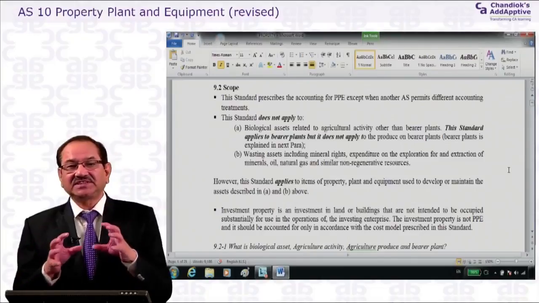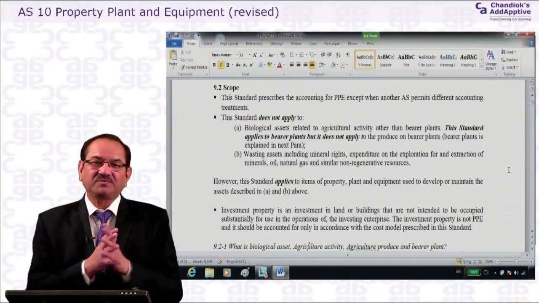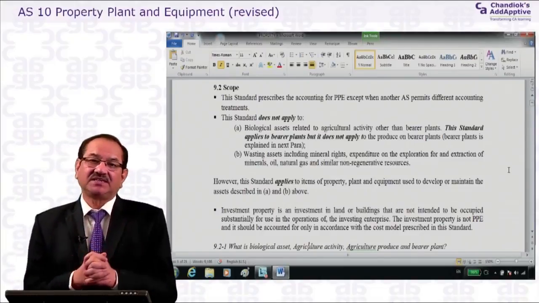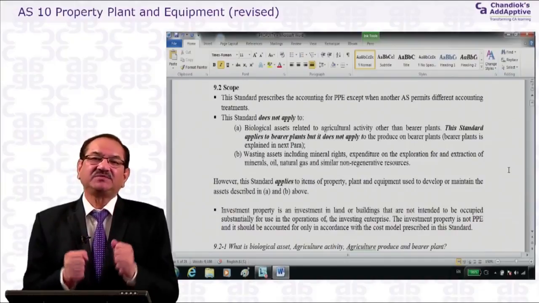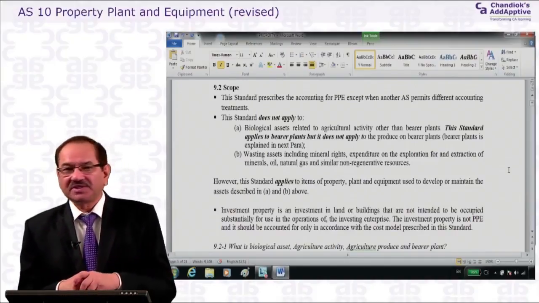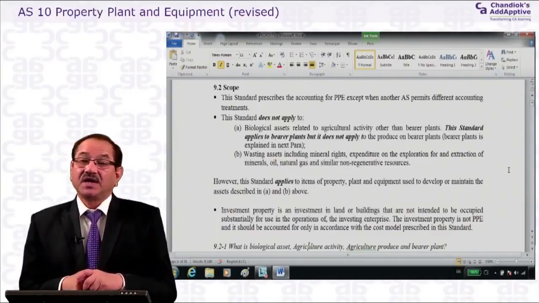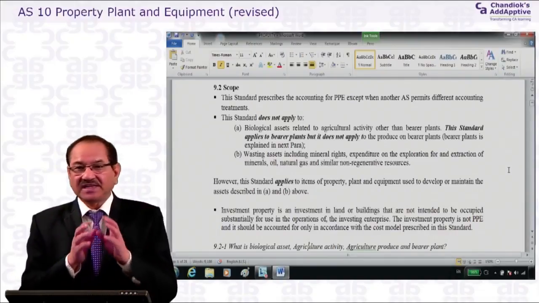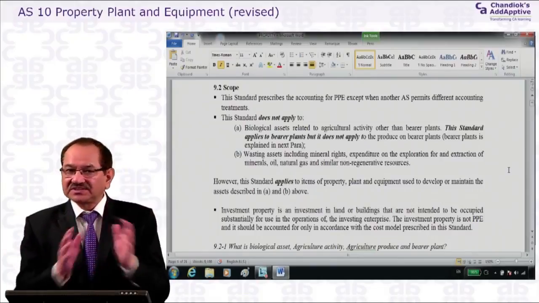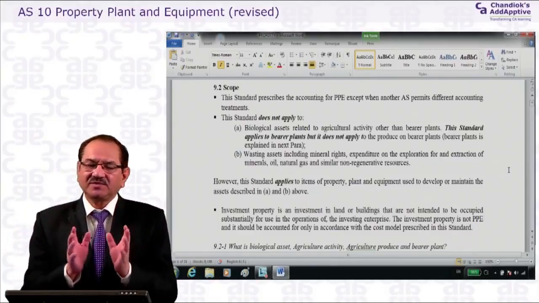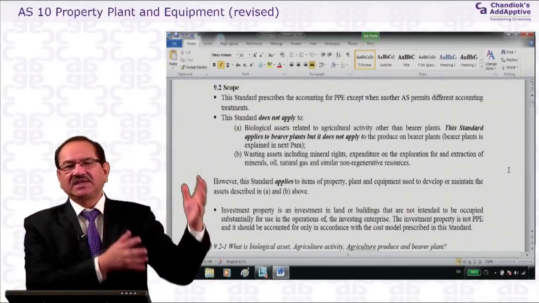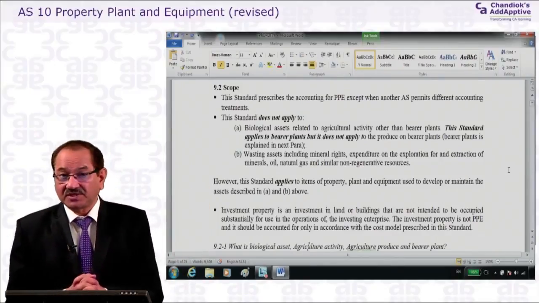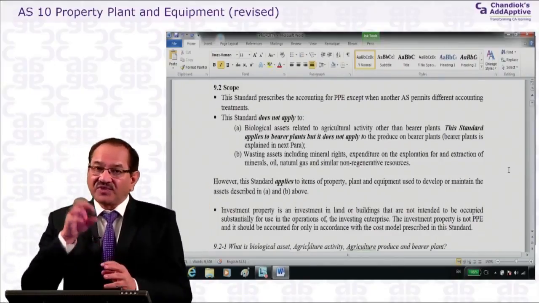What is basically the scope of this standard? This standard prescribes the principles for accounting for property, plant and equipment. Now, what is property, plant and equipment? The concept that I explained to you, we didn't find any difference between the earlier fixed assets and now property, plant and equipment. But now you will find a difference.